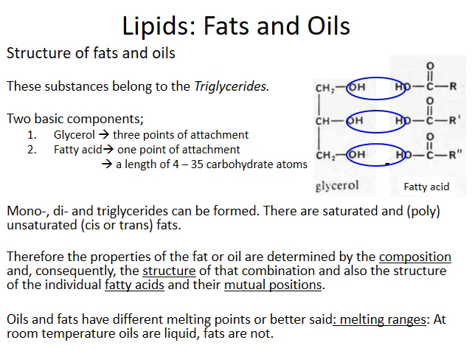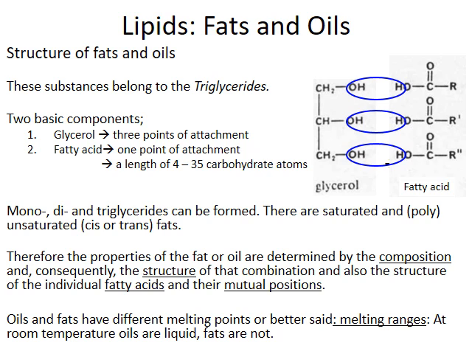The glycerol can react with three fatty acids. It has 3 points of attachment, and a fatty acid has 1 point of attachment, the acid group or the carboxyl group. And the fatty acids have a length of 4 to 35 carbon atoms. So the R group on the far right can be 4 to 35 carbon atoms in length.